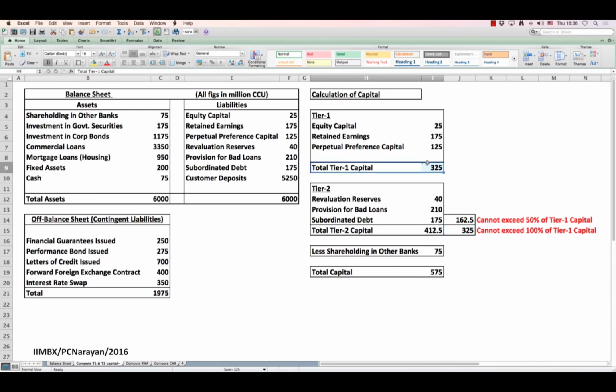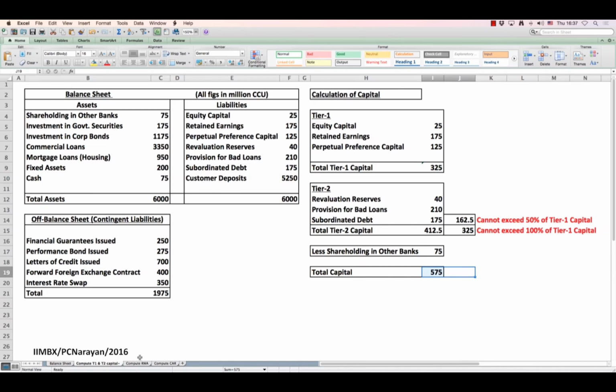So we got 325, which is tier 1 capital, 325, which is tier 2 capital, less the investments made by this bank in the equity stock of other institutions is 75. That must be subtracted, so you get a net figure of 575. So we've calculated tier 1 capital plus tier 2 capital.